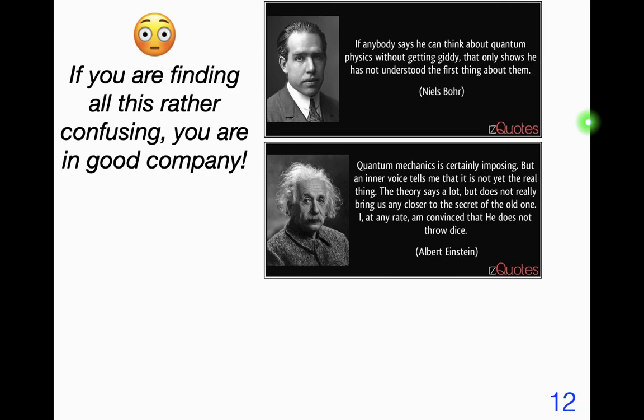Einstein used to kind of play around with this concept of God that people have. He was not religious at all, but he felt that it was an easy way to explain to people the laws of nature. So rather than saying this is not the way that nature works, he would say that this is not the way God works. I, at any rate, am convinced that he does not throw dice.